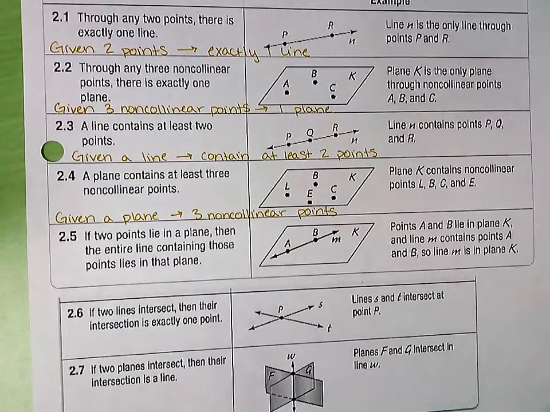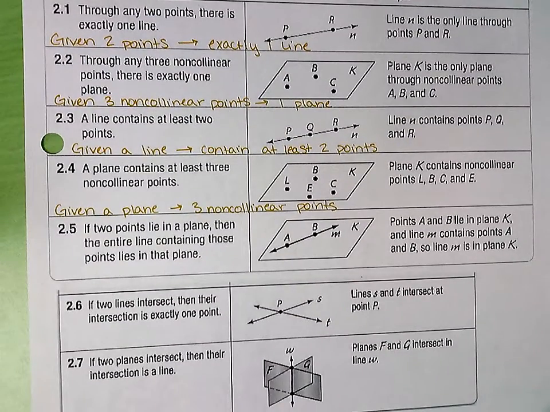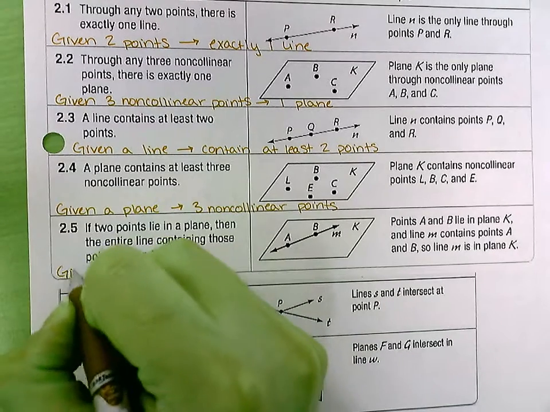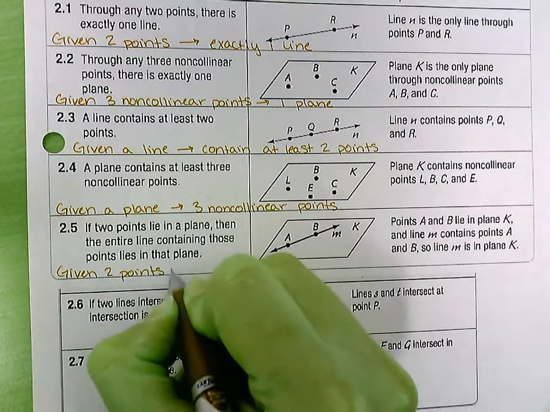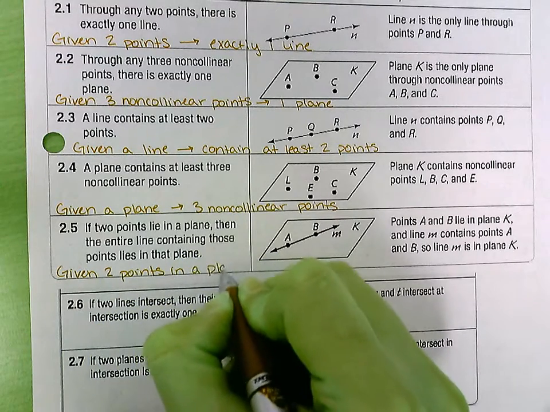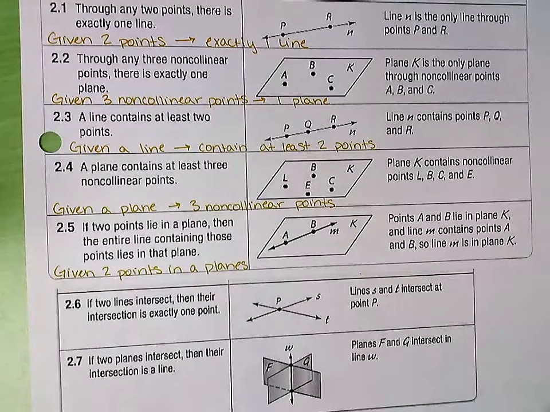2.5, if 2 points lie in a plane, then the entire line containing those points lies in that plane. So if you're given 2 points in a plane, they have to be on that same plane.